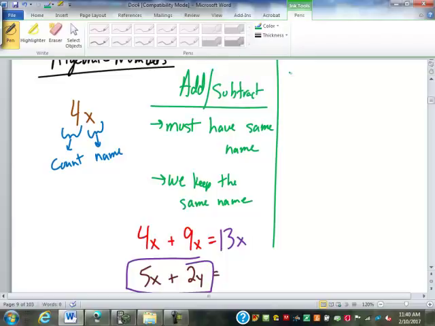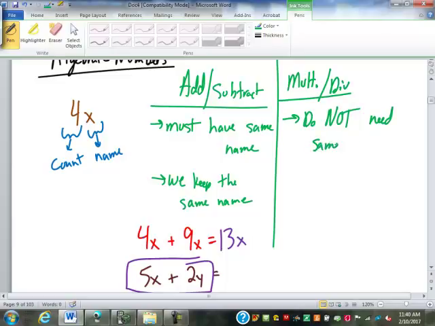Now for multiplication and division, remember we do not need the same name. And when we multiply or divide, we also combine the names.